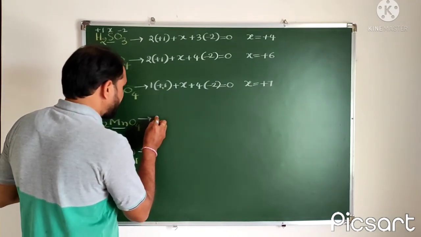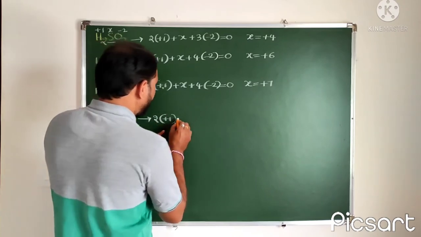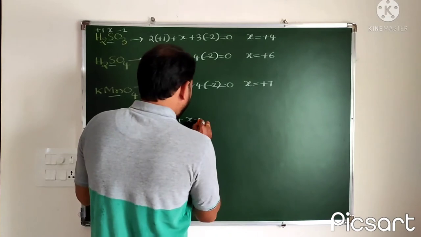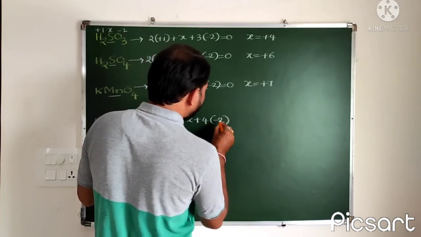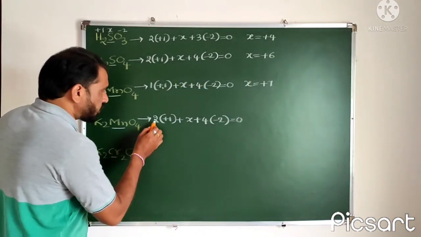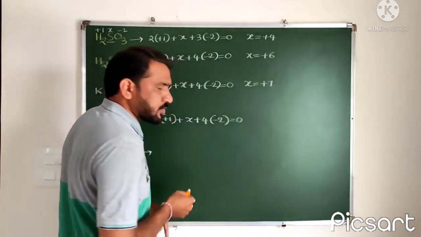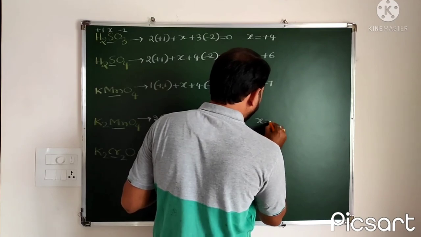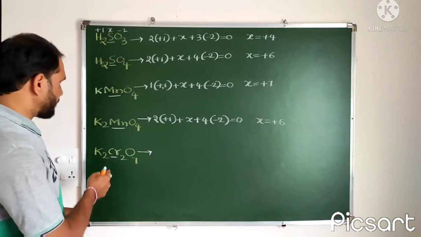Number of potassium 2 into its oxidation state +1, plus manganese oxidation state X, plus number of oxygens 4, each oxygen general oxidation state -2, that equals 0. After that, 2 into +1, plus 2, plus X, plus 4 into -2, -8. Therefore X is equal to +6. Right? Then coming to the next example.